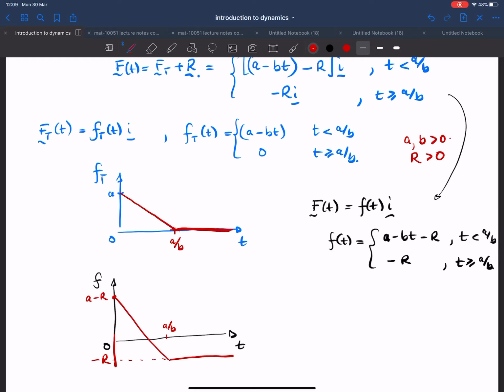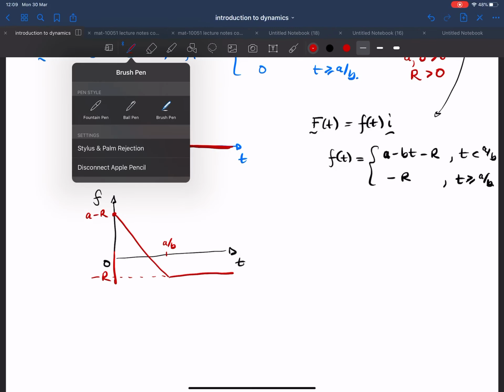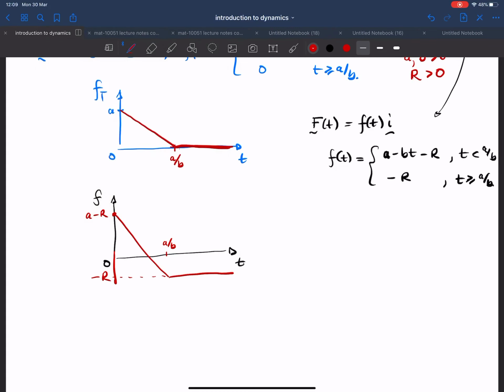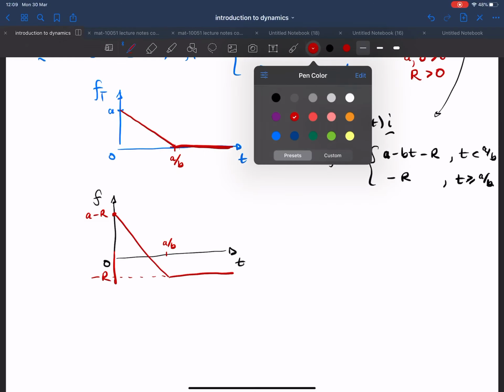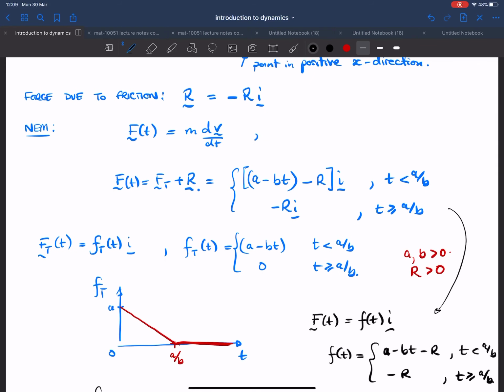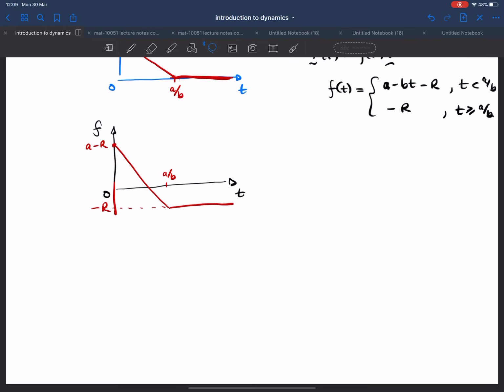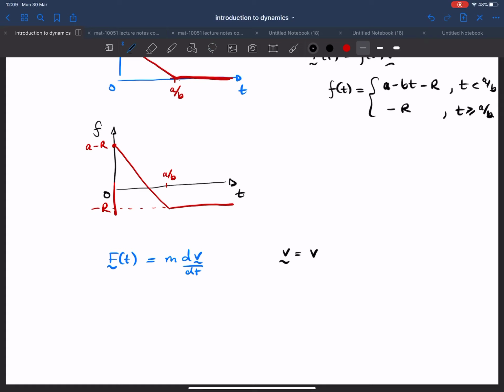All right, so what have we got to do? We can do two things. Right now, what we've got is the following equation. We can introduce v equals v(t) i.